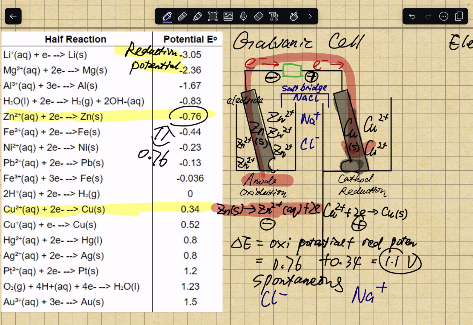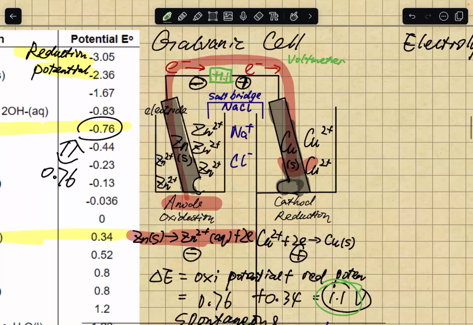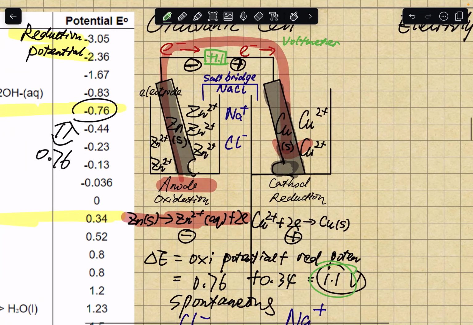And then we also say that the net potential of the cell is a positive 1.1, right? So if you have a voltmeter here, you will see that the number shows 1.1 volts, okay? Interestingly, the voltmeter itself is in the middle of the cell. I can't say circuit, but it kind of acts like a circuit, right?